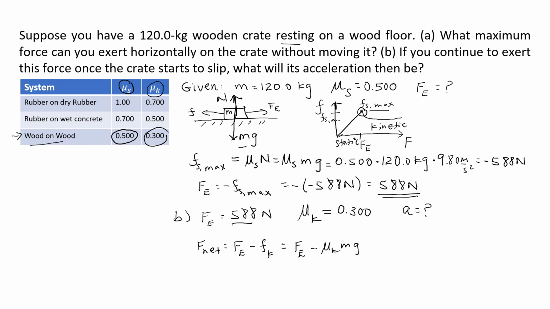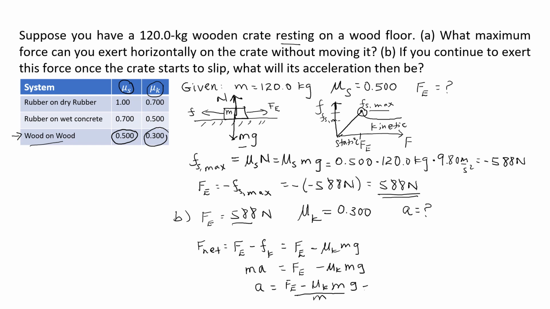Net force is equal to mass times acceleration from Newton's second law. If you divide both sides by m, a will be equal to the exerted force F sub E minus mu sub K mg, divided by m.